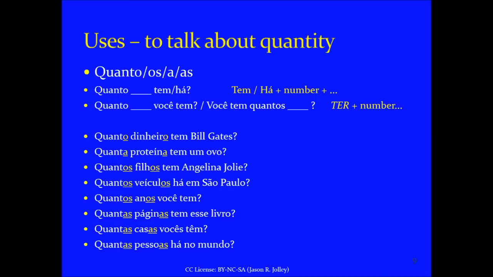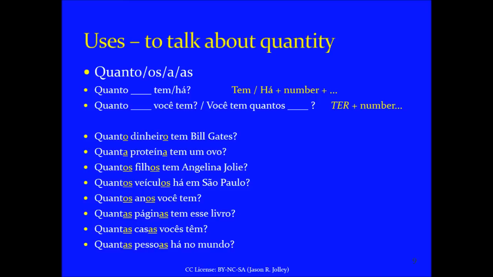And the person would answer using the verb tem, usually the form tenho if they're talking about themselves, eu tenho, or if they're talking about somebody else, like Bill Gates on this slide, or Angelina Jolie, they would use the form tem. The verb haver, há, can also be used with quantity when you're talking about the existence of something. So, quanto dinheiro tem, or quantas pessoas há no mundo.